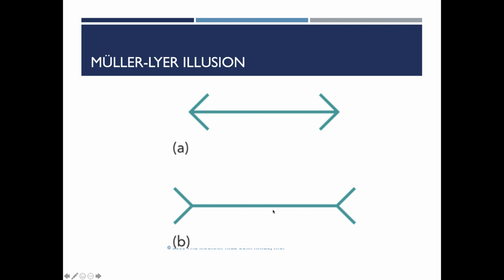So if you look around your house, you can find a wall that is pointing out at you, a corner, and you can find a wall that is jutting away from you. And because we typically live in homes with square rooms, this illusion affects just about all of us. If you grew up in some Aboriginal tribe that only lived in round huts, then you wouldn't fall for this illusion.